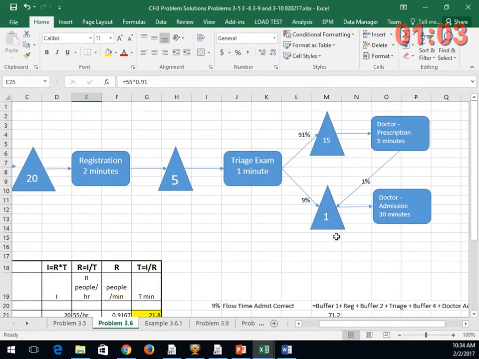And so when you figure the throughput for these steps, your throughput for this buffer is all of the inbound arrows. So you look for inbound arrows and you say, well, it's 9% and 1%, so it's 10% of the total throughput. Okay? So that's kind of the key. You're looking for all of the inbound arrows to determine the throughput for that step. Okay? And then out of that step into doctor admit, then is the 9 plus 1 or 10%.